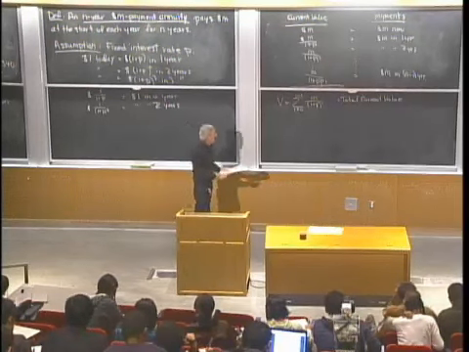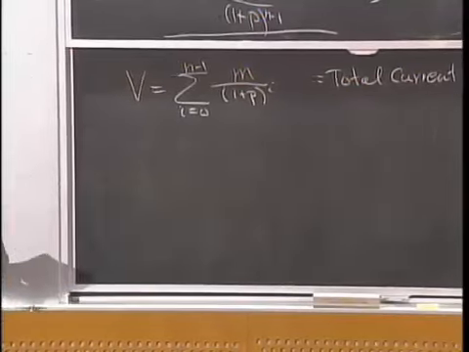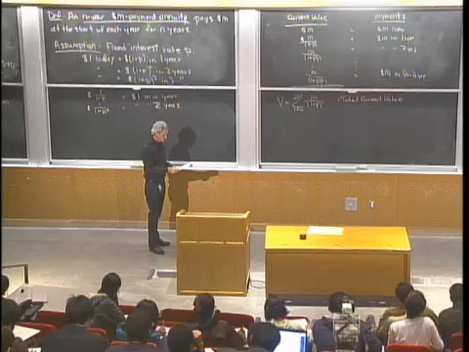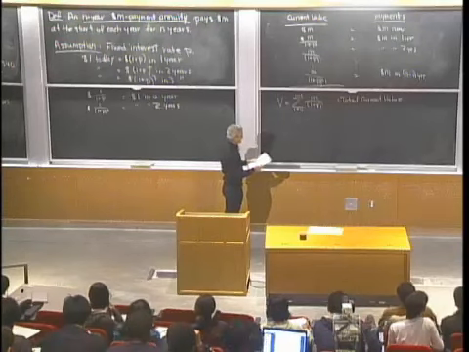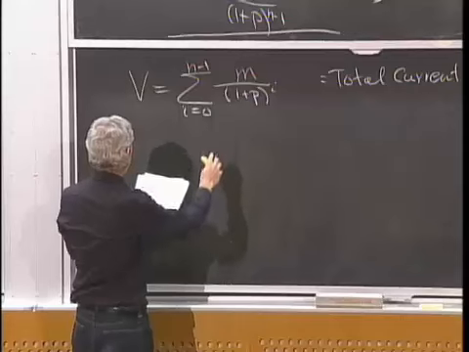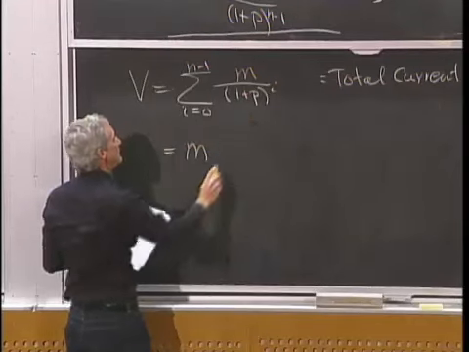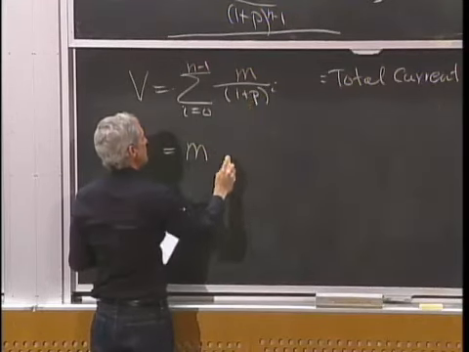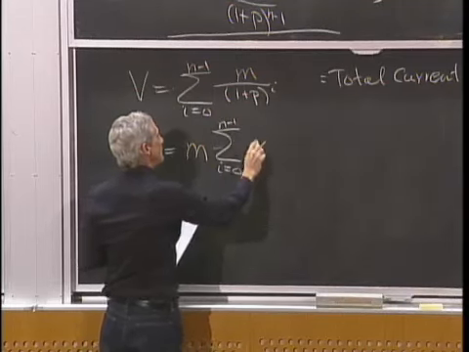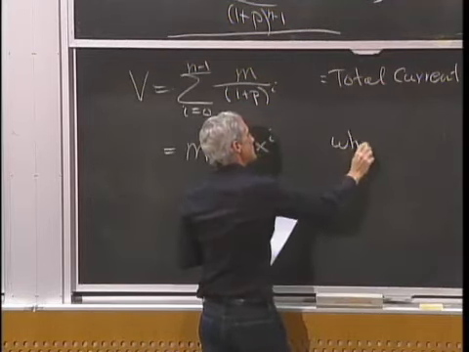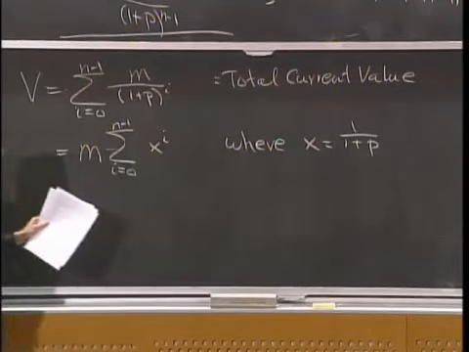All right? Well, of course, what we'd like is a closed form expression here. Something that's simple so we could actually get a feel without having to add up all those terms. And that's not hard to get. In fact, let's put this sum in a form that might be more familiar. This equals, we'll pull the M out in front, and let's use x to be 1 over 1 plus P, to the I. And so x equals 1 over 1 plus P. All right?